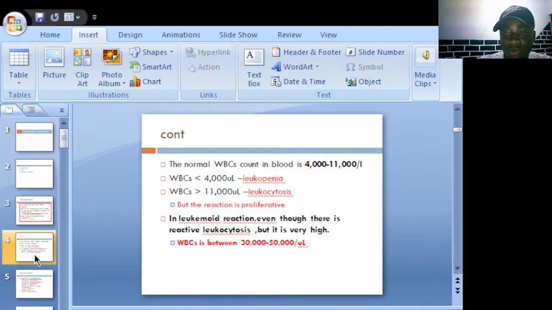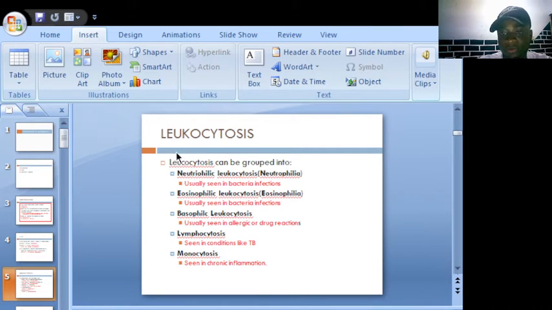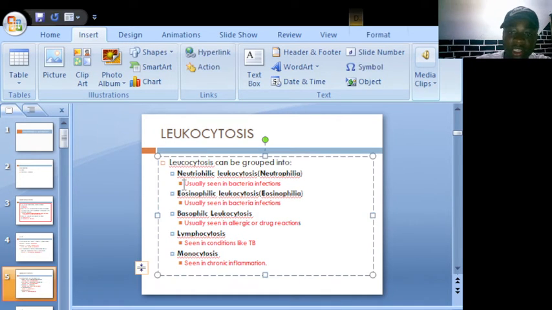So we proceed. Now, there are different forms of leukocytosis. Of course we can have neutrophilic leukocytosis, which we normally call neutrophilia. So you run your full blood count, you see there is an increased level of neutrophils, that is neutrophilia, and in that case it may be due to bacterial infection.